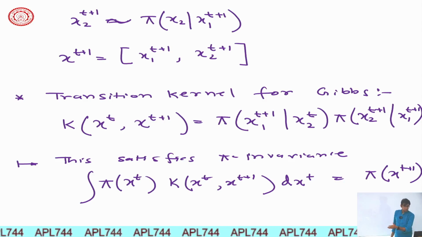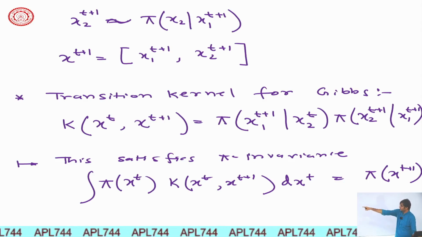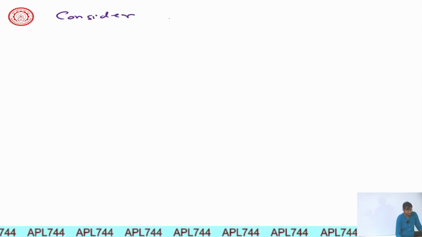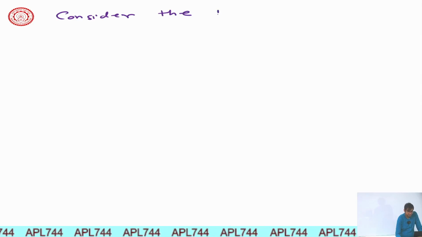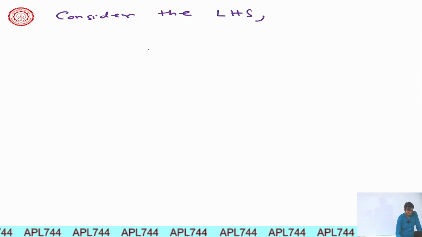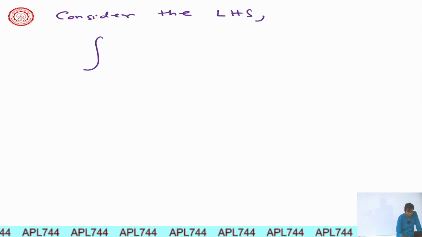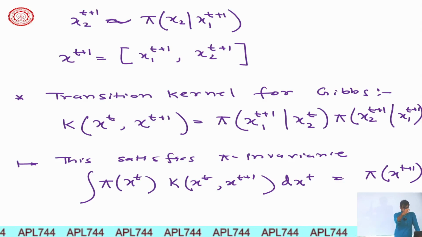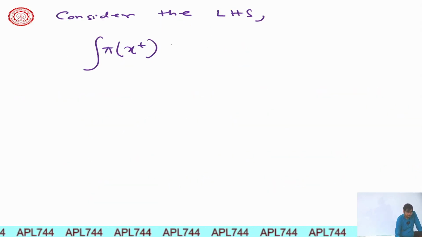So now to prove this, I will just substitute the above expression into this. Consider the LHS. So I have integration of pi of xt, and instead of the kernel I will write whatever is there at the top.